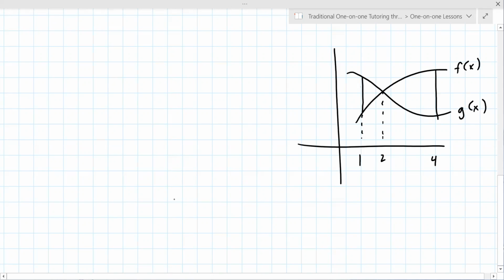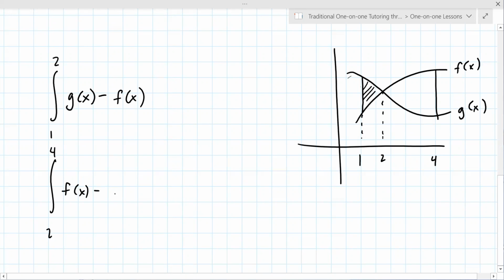From 1 to 2, what is the top function? Do you see how g is the top function there? It would be g of x minus the bottom function, f of x. But then from 2 to 4, f of x is the top, so it's f of x minus g of x.